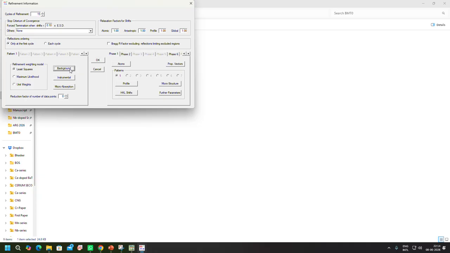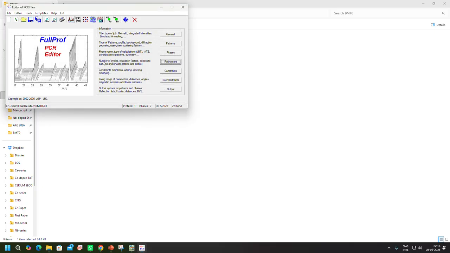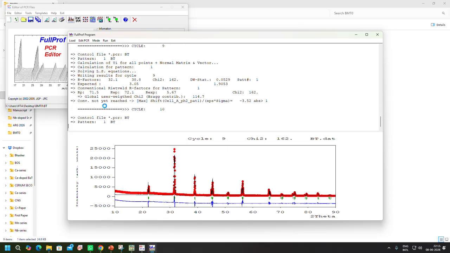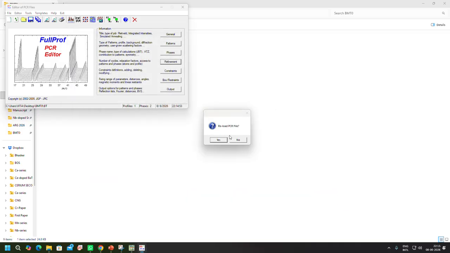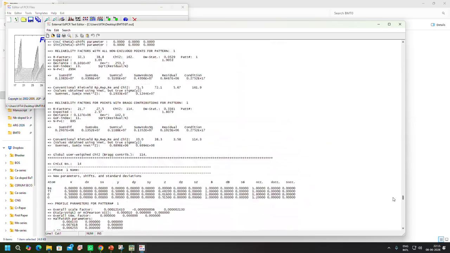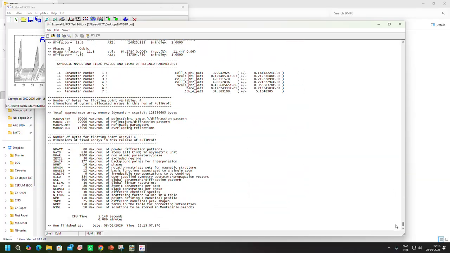Now you just keep it for both the phases. Okay, so here when you run you can see the output, and here output is in the lower section. You just see what is the fraction for your phase 1 and phase 2.